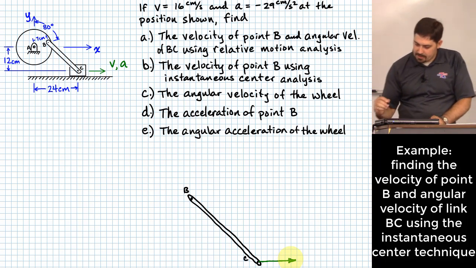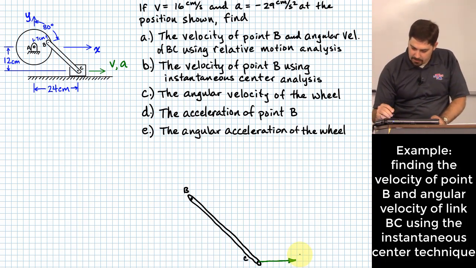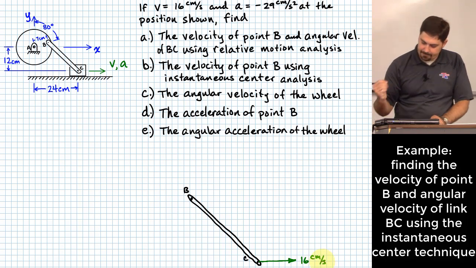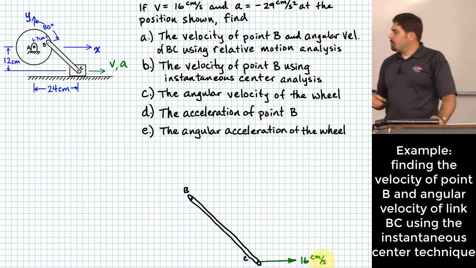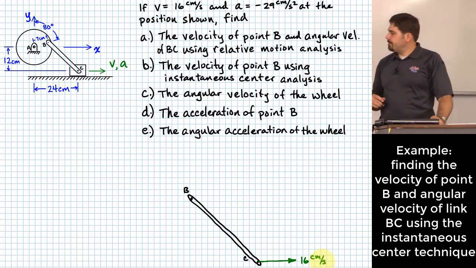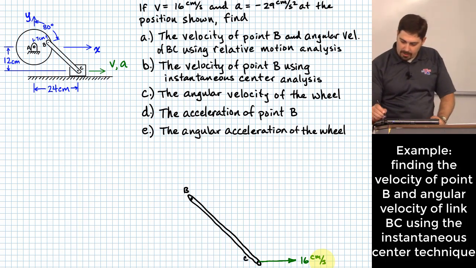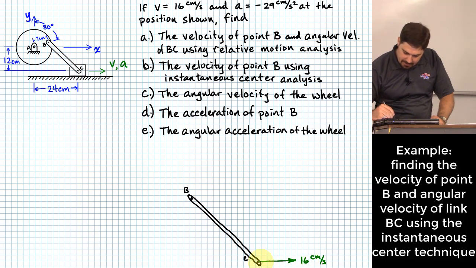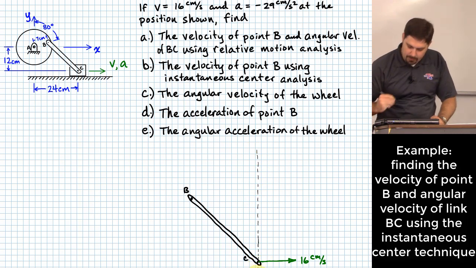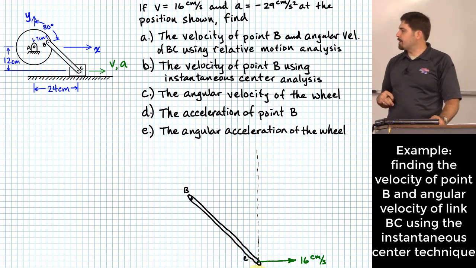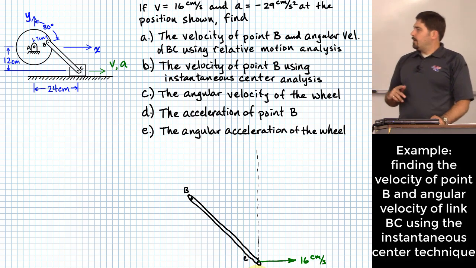And we can even additionally say that we know its value is going to be 16 centimeters per second. Now what we do with instantaneous center of rotation is we draw a line that's perpendicular to that line. We can extend it as far in both directions as we want.